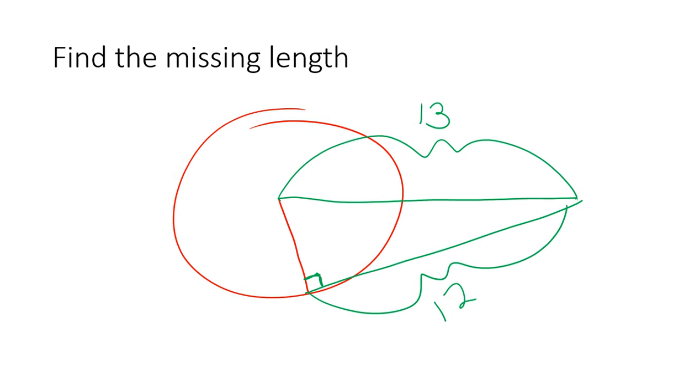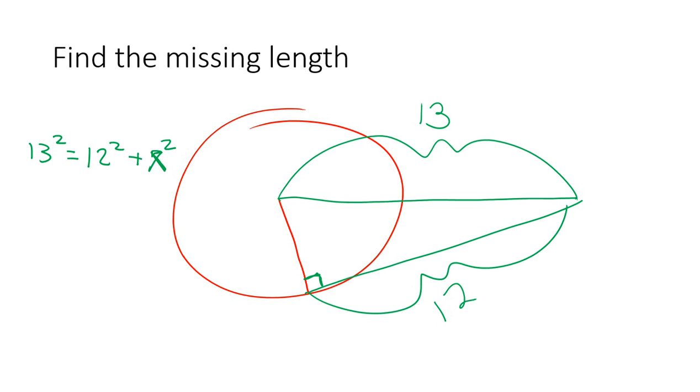Well, if you look at this, we end up making a nice little right triangle, so we can use the Pythagorean theorem to help us find it. We have 13 squared is equal to 12 squared plus x squared. So 13 squared is 169, 12 squared is 144.